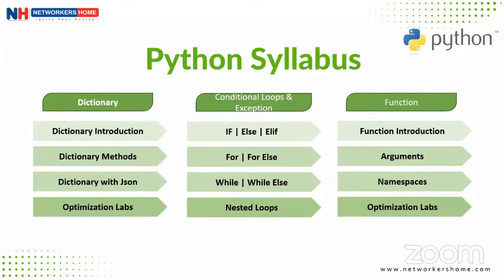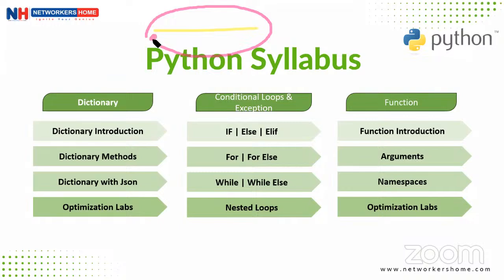Now, next we'll discuss the conditional loops and the exception. Why do we need conditional loops? Because if you are going to handle multiple data types for a multiple number of devices, you need to collect that information repeatedly. If you want to repeat the process for multiple devices, you need a loop.